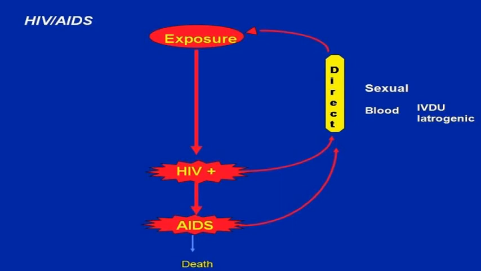Another example is HIV or AIDS. It is a retrovirus infection. This is the systematic cycle of HIV. However, there is no symptom in the early stage, and AIDS has some symptoms, and it is transmitted through sexual activities, blood and IVDU, intravenous drug use. So we can draw this chart.